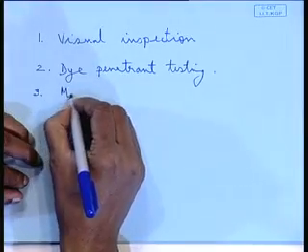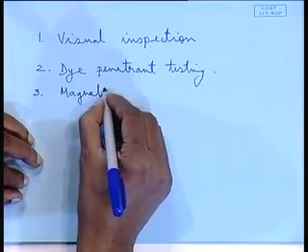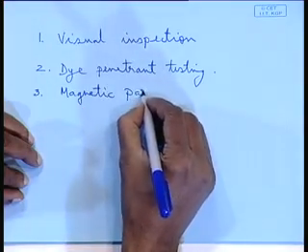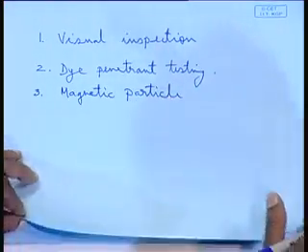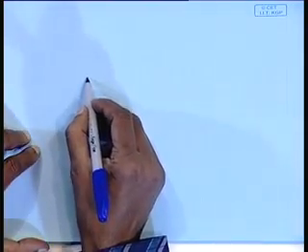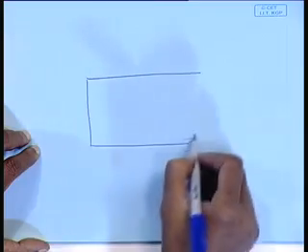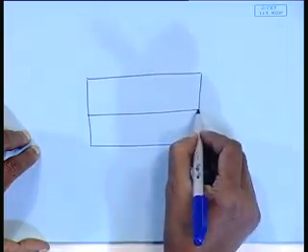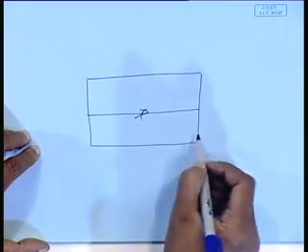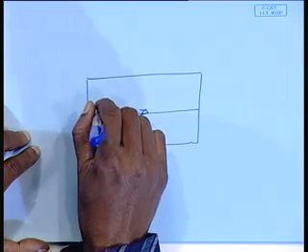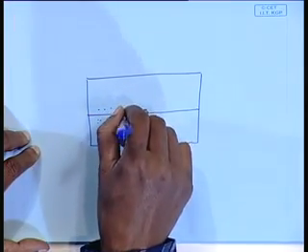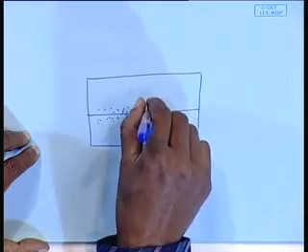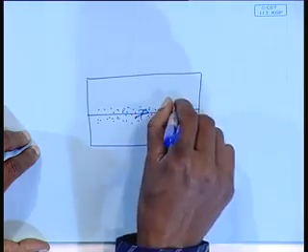Next method is called the magnetic particle method. In this magnetic particle method, what is done is, suppose the welding has been done along this line. Over this you spray iron filings, iron powder rather, over the entire welded surface.